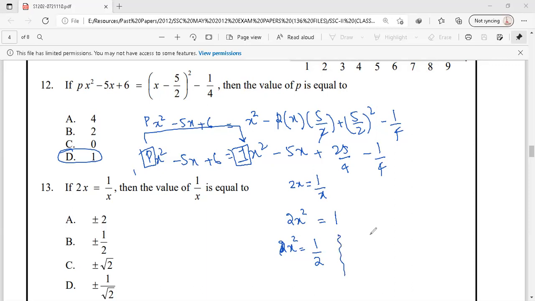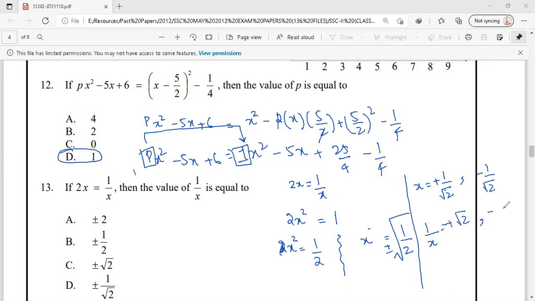Further solving this equation, x will be equal to the square root of 1 over 2, plus or minus. So the values of x are 1 over root 2 and minus 1 over root 2. So the values of 1 over x will be equal to plus square root 2 and minus square root 2. So the correct answer is option C.